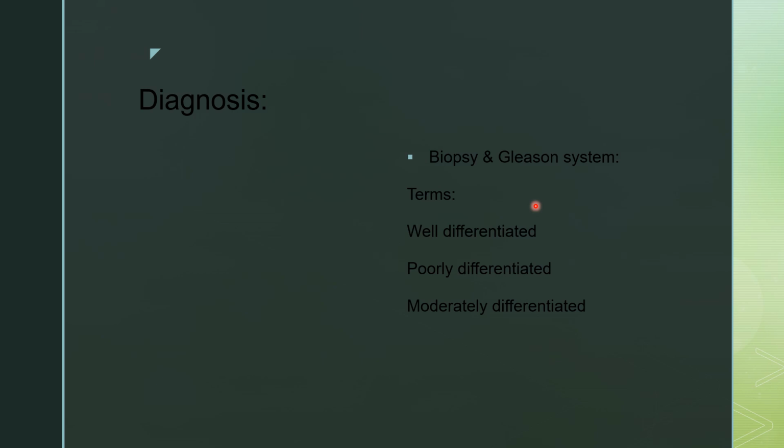So, like I said, Gleason 3 plus 5 means that most of the tumor is grade 3, while less of the tumor is grade 5. So, I'm repeating that here. Now, the moderately differentiated means that it is intermediate grade, right?